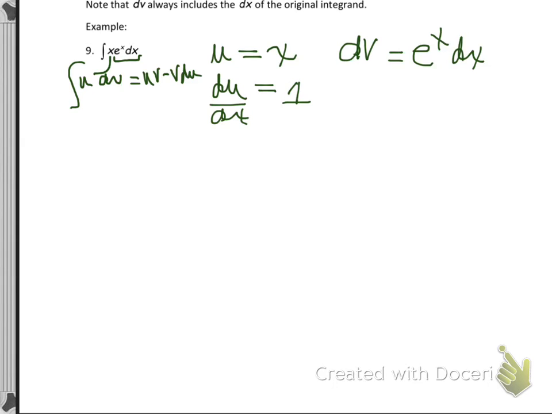So if I take this integral, I have my u, I have my du, but I haven't gotten my v yet.